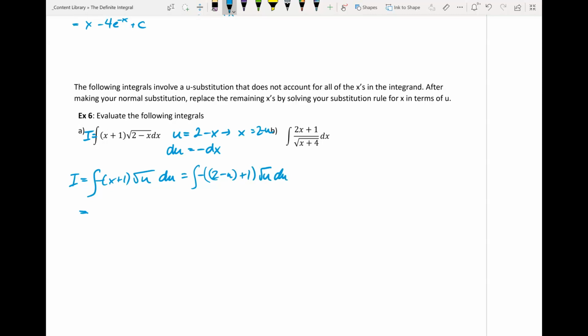So this is going to be 1 minus u root u du, and I took the negative out. And then I'm going to expand. So this is root u minus u to the power of 3 over 2 du.